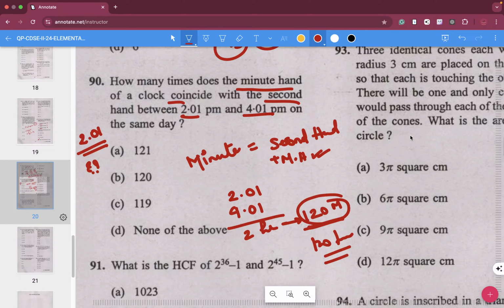Let's try to understand it this way. How many digits are there between 10 to 1?